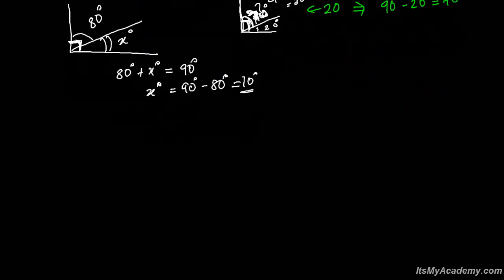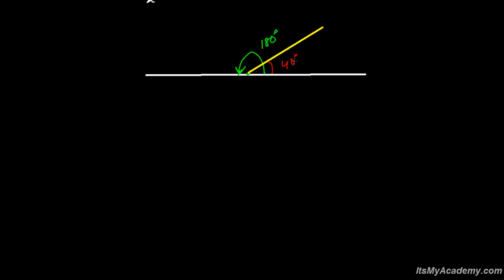Now let's go to supplementary angles. Suppose I have a straight line, and everybody knows that a straight line also forms an angle. If I take this point and measure with my protractor, I will get a total of 180 degrees. If I draw an angle in this, suppose the measure of this angle is 40 degrees, what will be the measure of this other part?